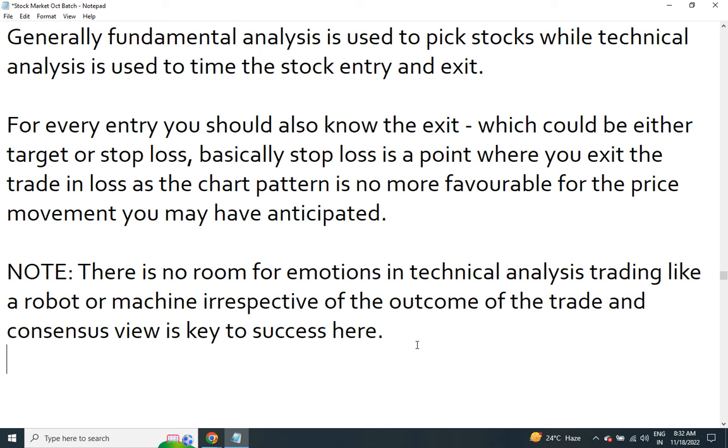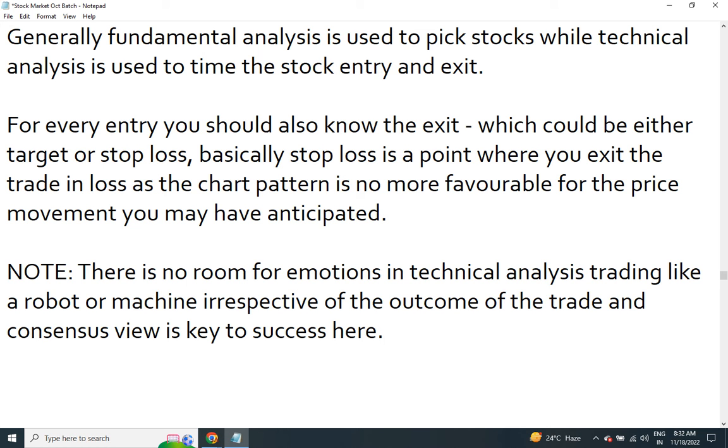So minimum it should be 1 is to 2. For every 1 rupee risk, if there is a chance of making 2 rupees profit, then only we would enter, otherwise we would skip and choose the next company. Every day you will get one beautiful chart to trade, even in the shortlisted stocks. Just trade that one, sufficient. Alright?